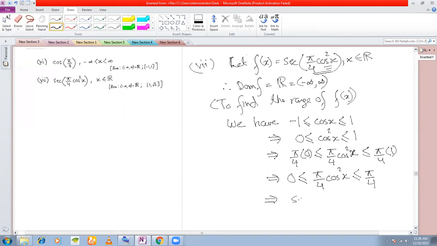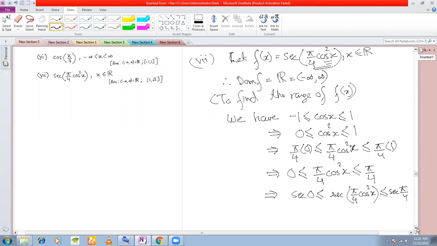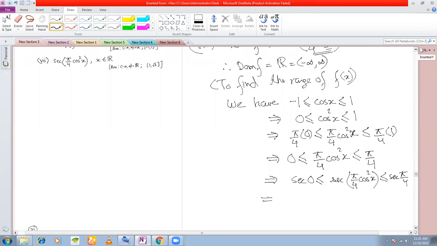So I get sec 0 less than or equal to sec of pi by 4 cos squared x less than or equal to sec pi by 4. Sec 0 is 1 by cos 0, less than or equal to sec of pi by 4 cos squared x, less than or equal to 1 by cos pi by 4.